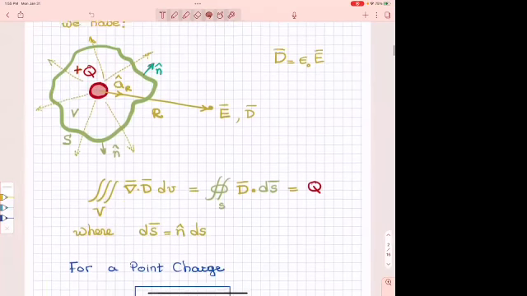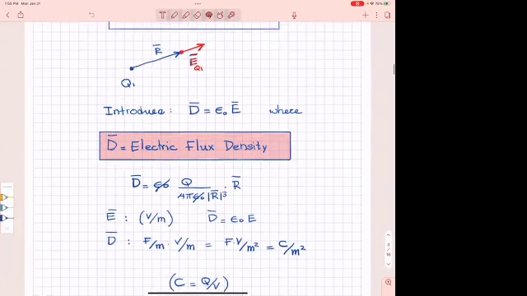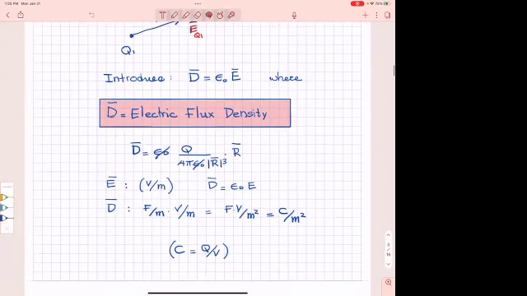And why is that? In fact, this is because of here, all right? So here for my presentation, I will go through my notes, but when you read it, you will see all of this. So why do we introduce D as the electric flux density? Why do we call it flux density?